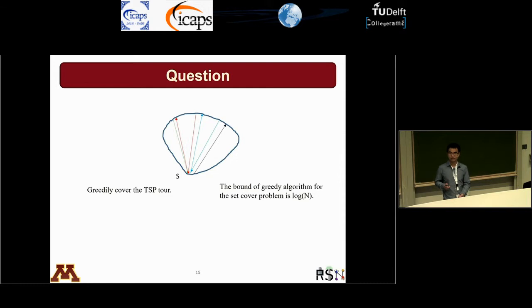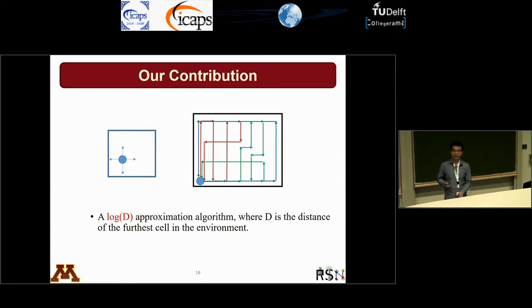So the natural question to ask is whether we can find an algorithm for this energy-aware coverage path planning with a log bound. And that's the contribution of our paper. We propose a log D approximation algorithm for this problem, where D is the distance of the furthest cell in the environment, which is also the radius of this environment.